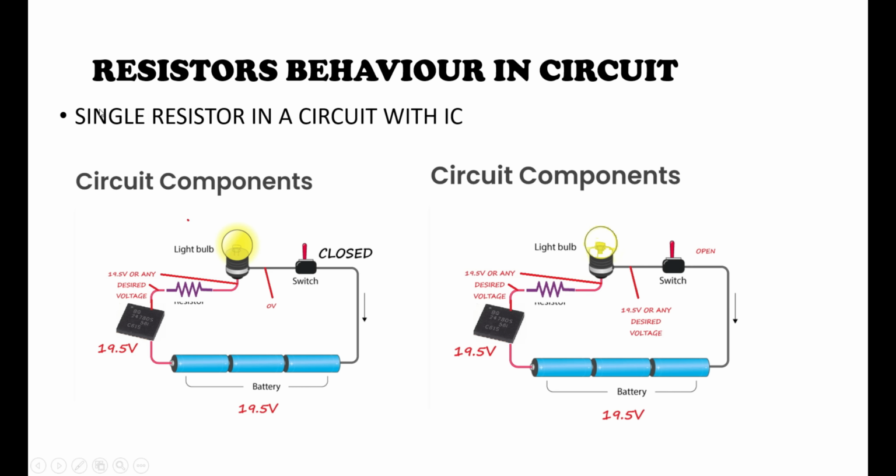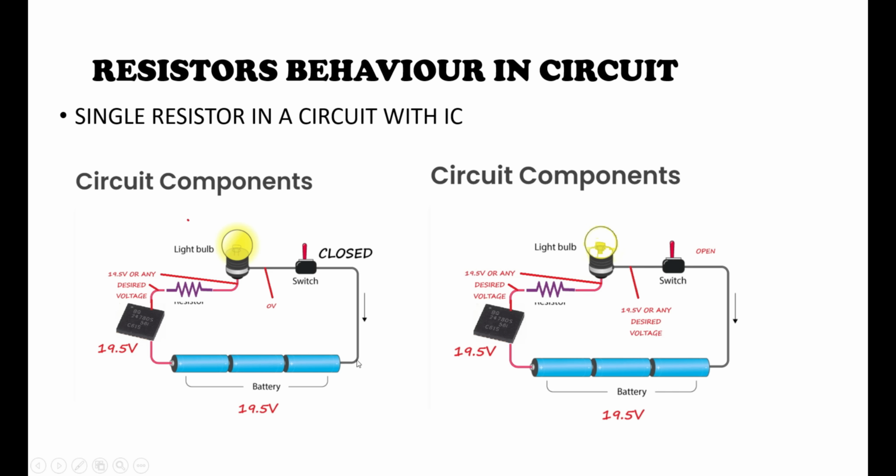Now see, a resistor is actually a passive component. In case the source of the resistor is connected to an IC, I mean an active component, or the destination part is connected to the active component, what will be the voltage? That you must understand. The main supply is the source.